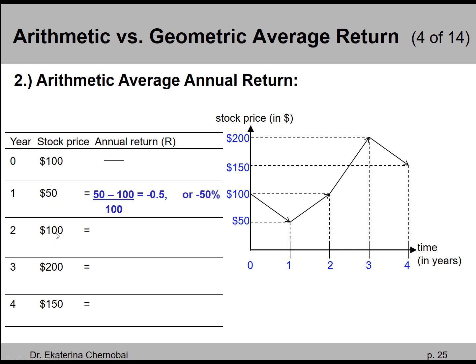It's 100% return because you add another 100% of what you had, another $50 on top of $50. To use this little trick, you do 100 minus 50 divided by 50, right? New minus old divided by old, and you get 1. That's in decimals. In percent, that's a 100% increase.